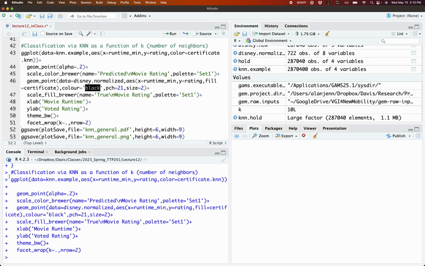I did have a setting for alpha, which makes the shading of the predicted points a little bit lighter, but I noticed in the last one they were still pretty dark, which means they're overlapping quite a lot.